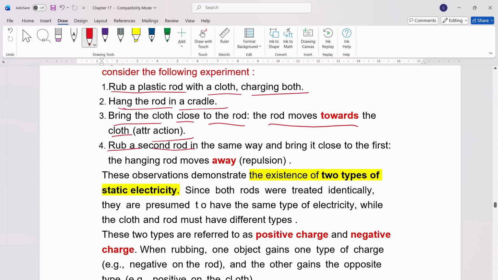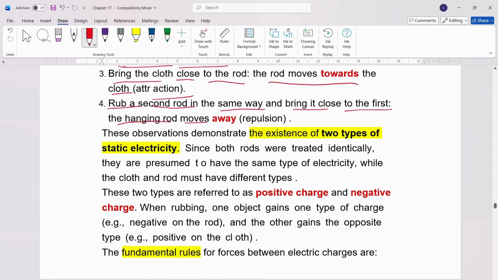Rub a second rod in the same way and bring it close to the first. The hanging rod moves away, repulsion. These observations demonstrate the existence of two types of static electricity. Since both rods were treated identically, they are presumed to have the same type of electricity, while the cloth and rod must have different types.